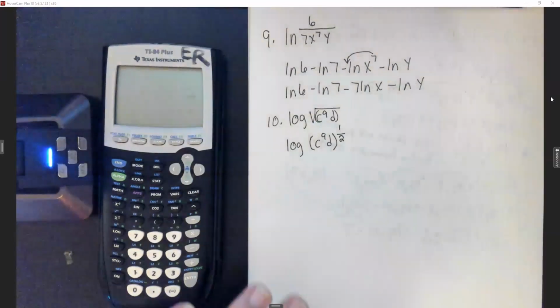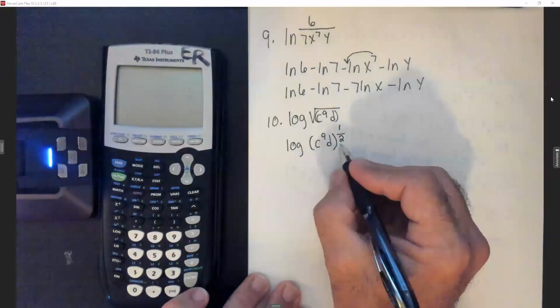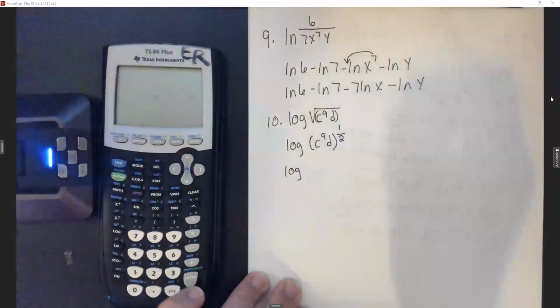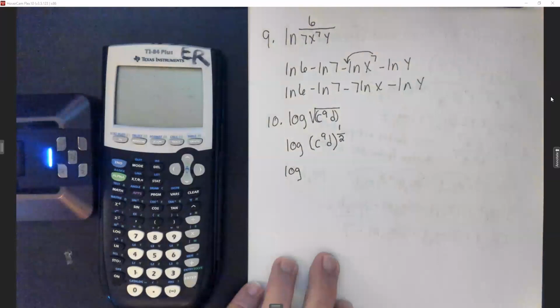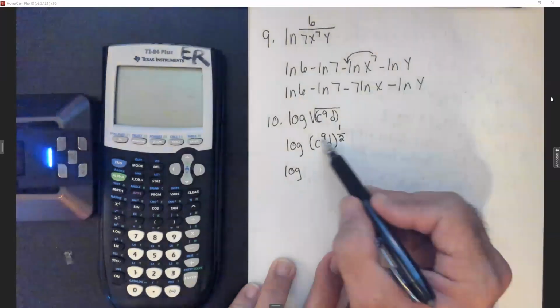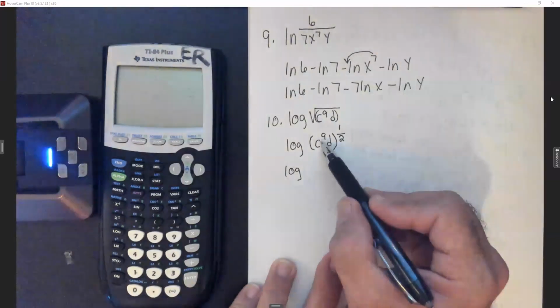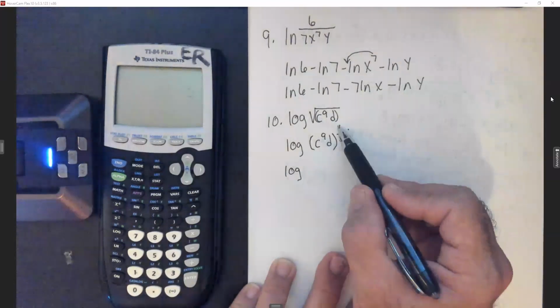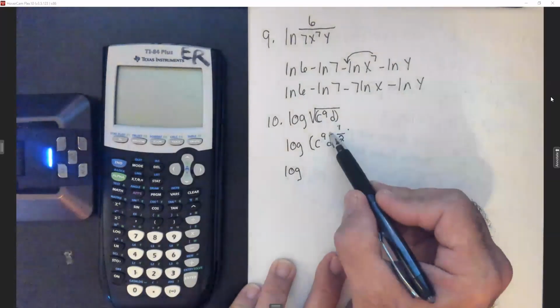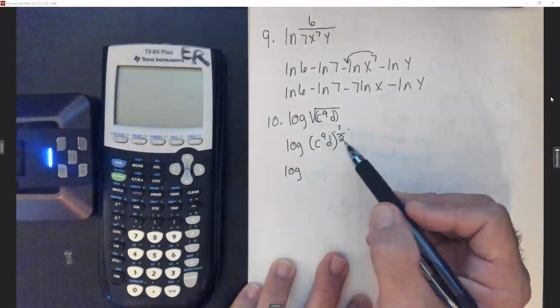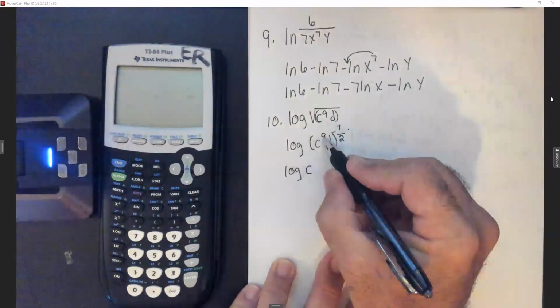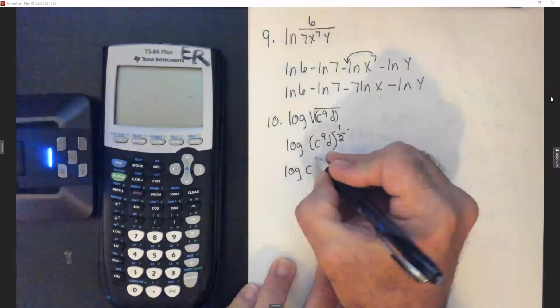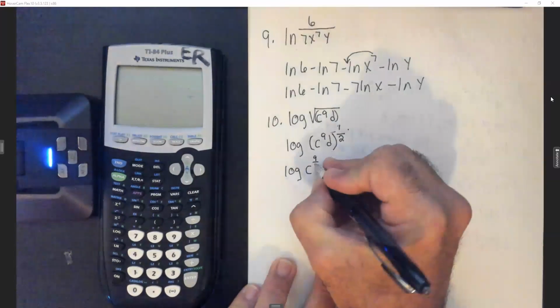So now watch what I'm going to do. If you remember exponent rules, when you got variables inside parentheses raised to exponents, you distribute that exponent through the parentheses and multiply. So the C has 9 times 1/2, which is a 9/2.